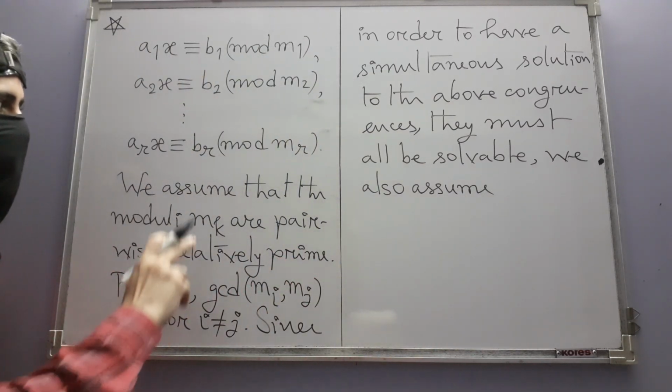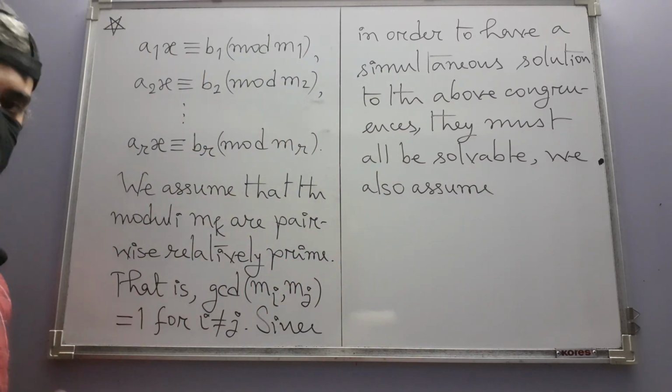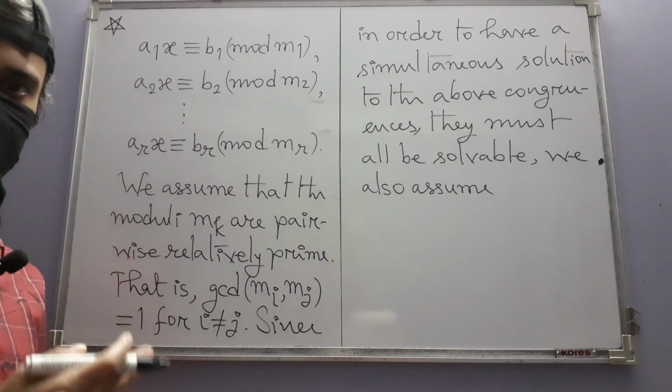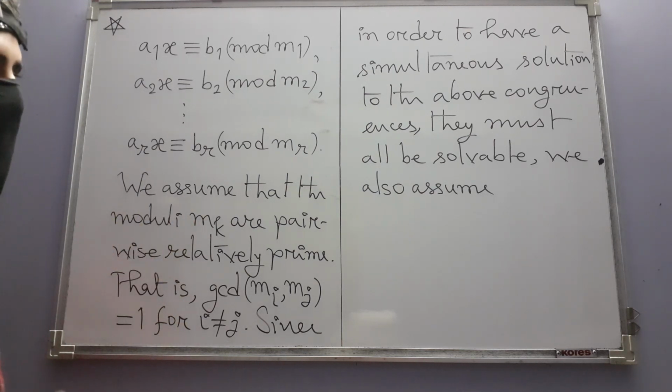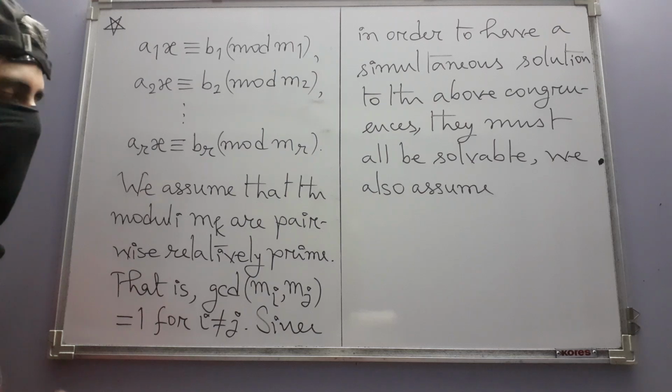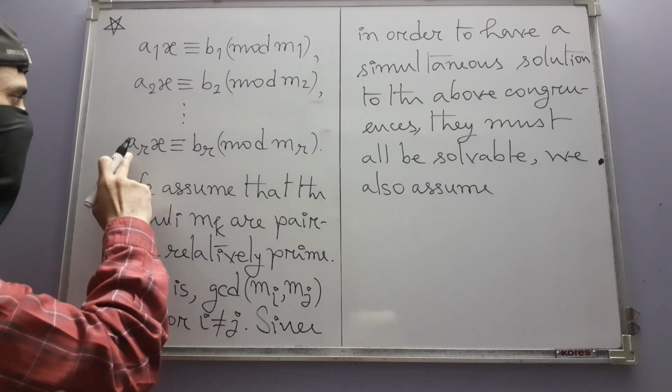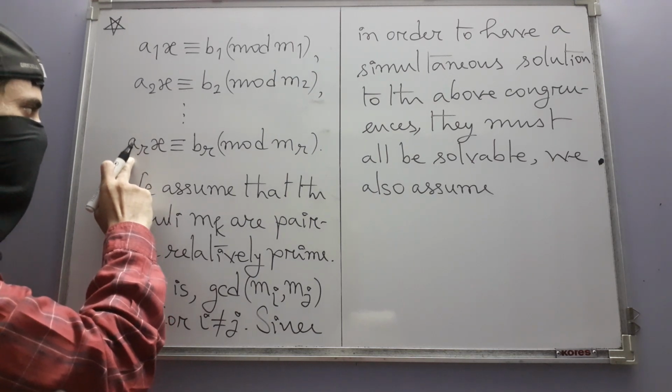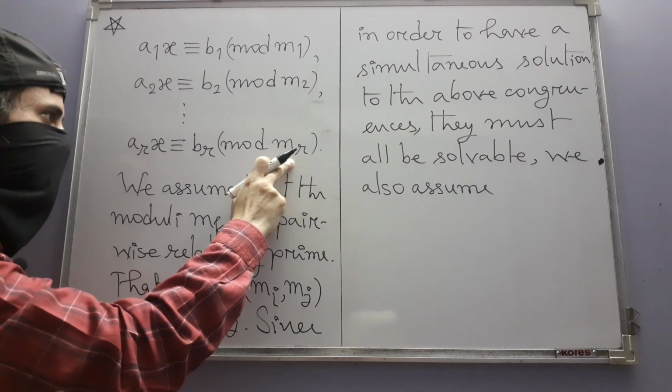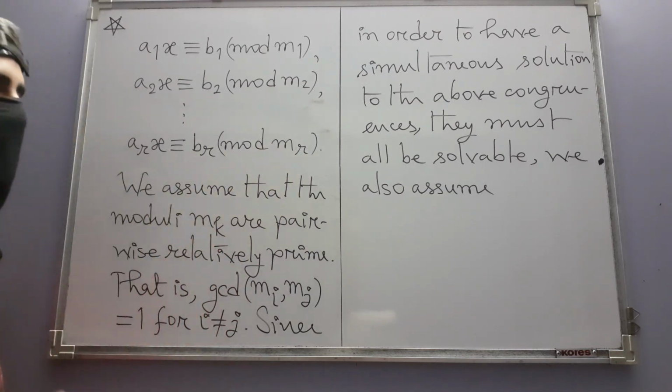And now we know precisely when each such congruence is solvable, because we have already seen the theory of a single linear congruence. And the condition for solvability is that the GCD of the coefficient and the modulus divides this number, this integer b.